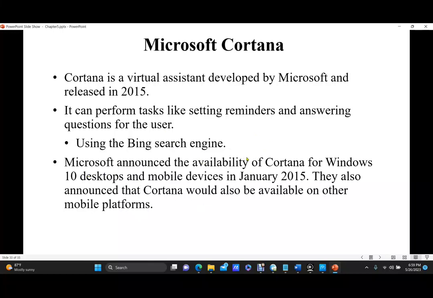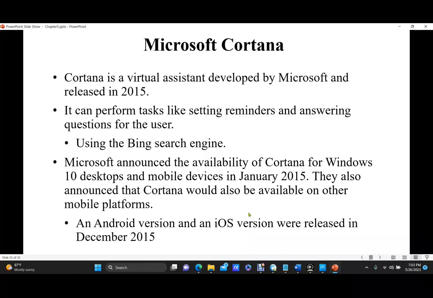Microsoft announced the availability of Cortana for Windows 10 desktops and for mobile devices in January 2015. They also announced that Cortana would be available on other mobile platforms. An Android version of Cortana and an iOS version were released in December of 2015.